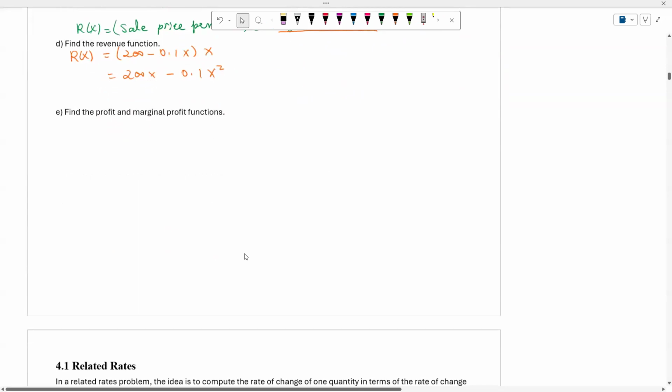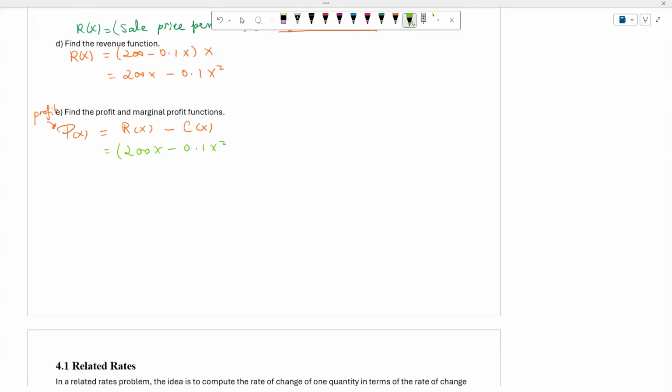Now, if I want to find the profit and the marginal profit, how do we do this? Again, remember this is the profit function, not the sale price. It is equal to R of x minus C of x, which is 200x minus 0.1x squared minus negative 0.04x squared plus 100x plus 800.